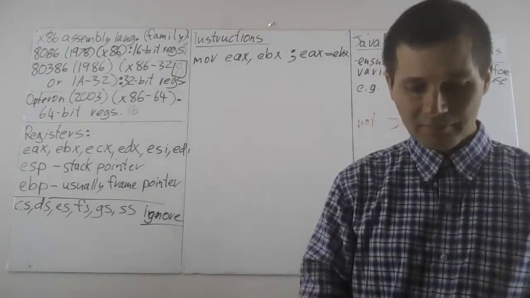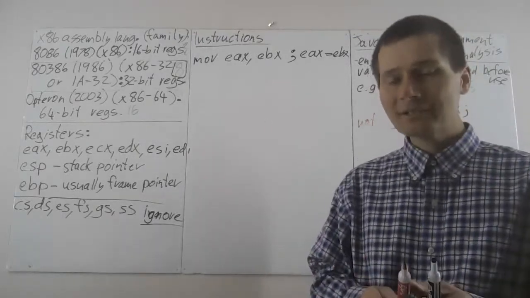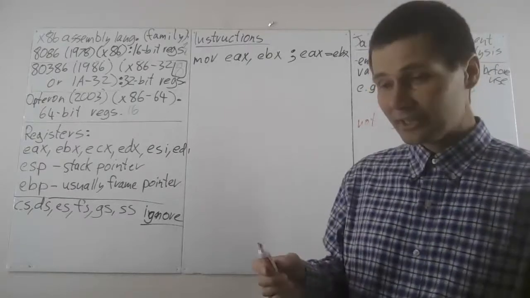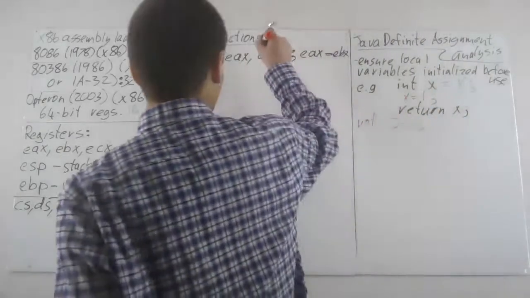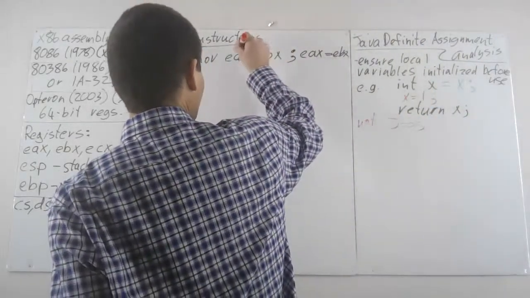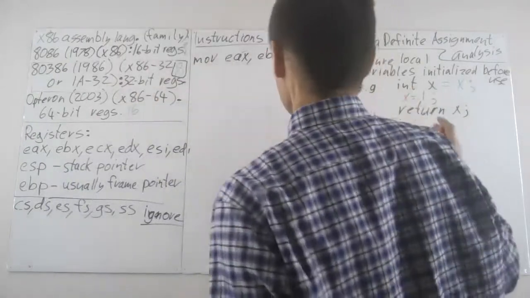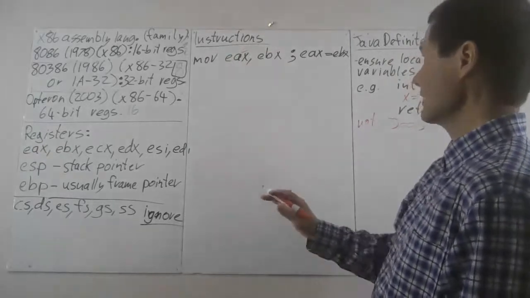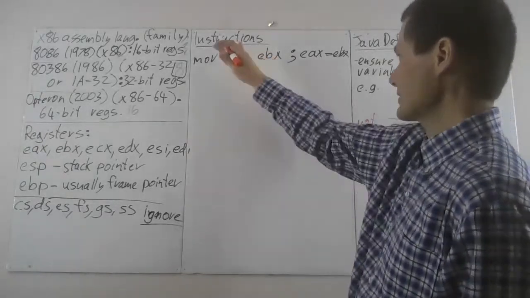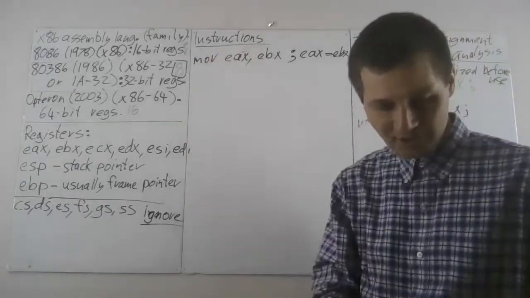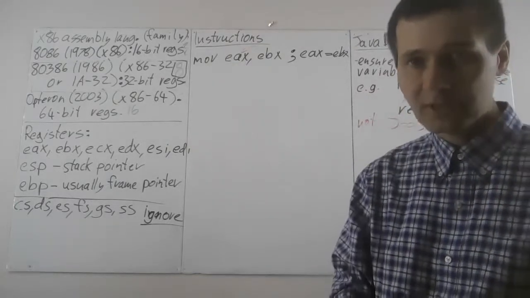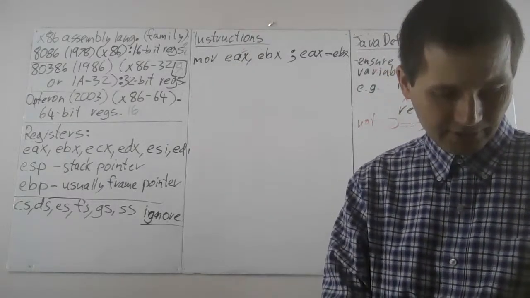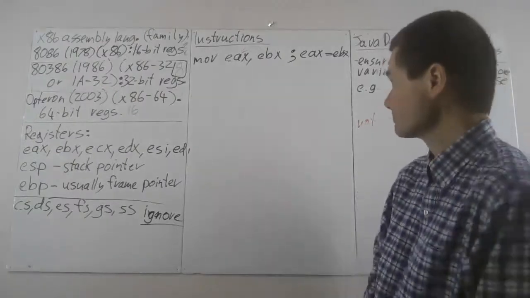The general idea is that things move from right to left. So if I say mov EAX, EBX, I'm copying EBX into EAX. The destination comes first in all of the instructions.